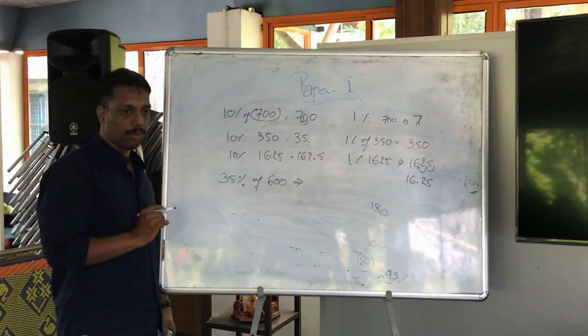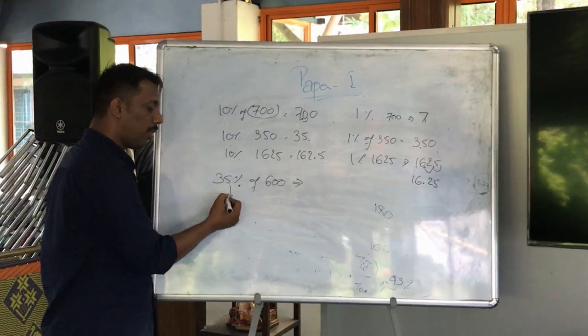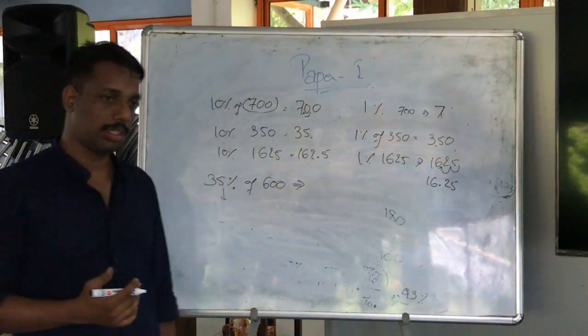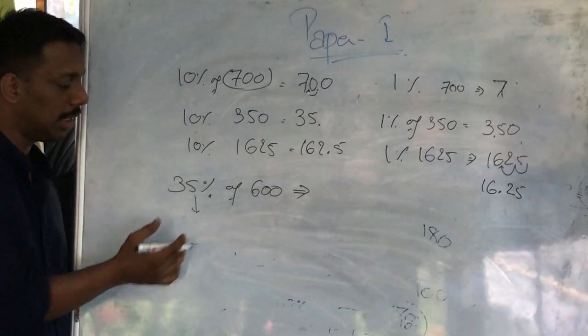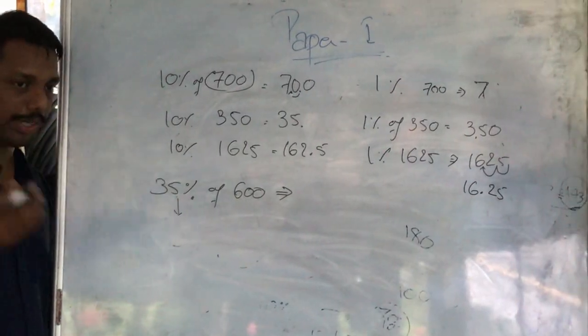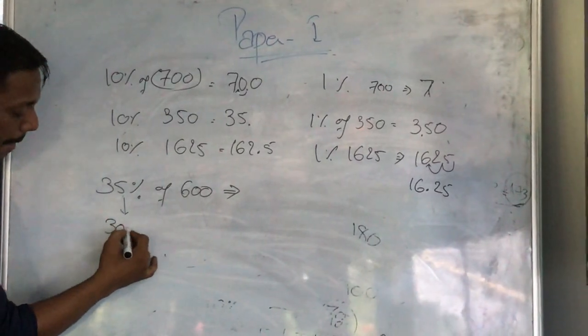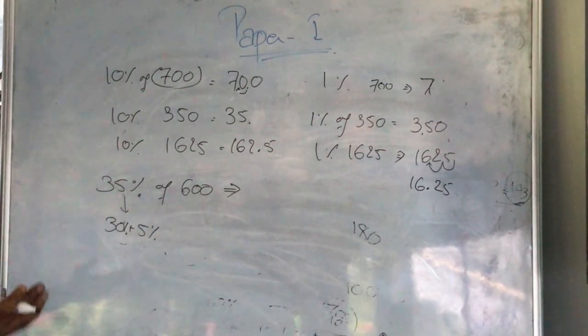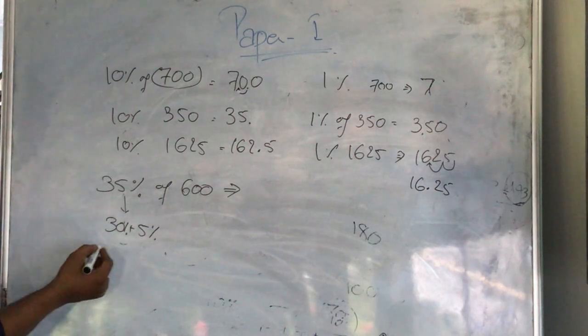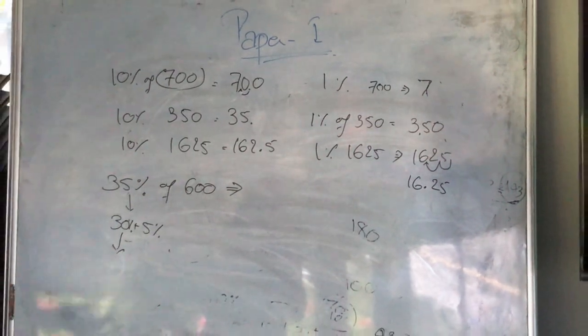Again, you have to divide 35%. How will you divide? 35% is nothing but 30% plus 5%. You know how to find out the 30%.